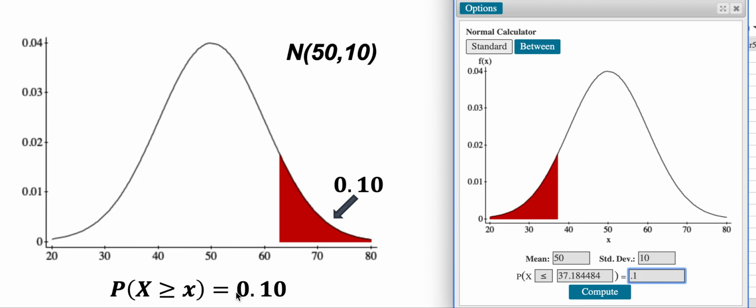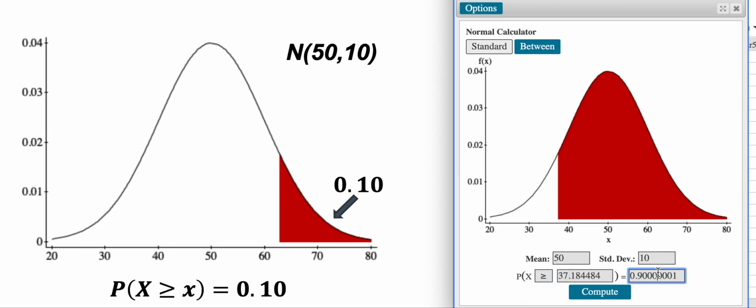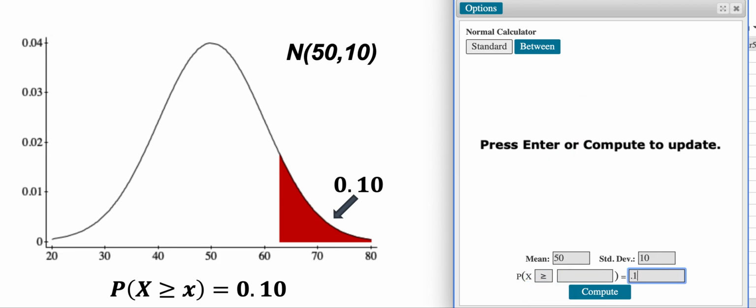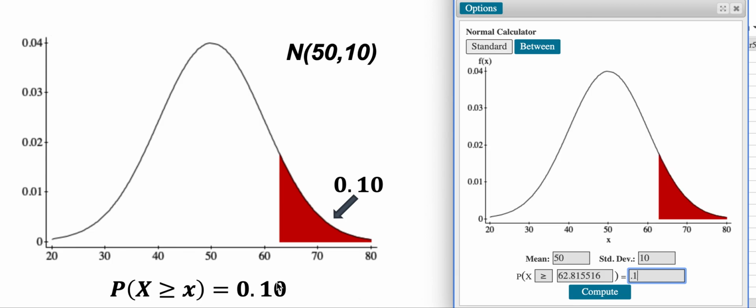If I wanted the top 10%, what value must I exceed? What x value has a probability of being greater than or equal to that x equal to 0.1? So I would just change this to greater than or equal to, make sure the probability to the right here is 0.1. And so in this case, I get that the x value at which 10% of the area is to the right is equal to 62.82.